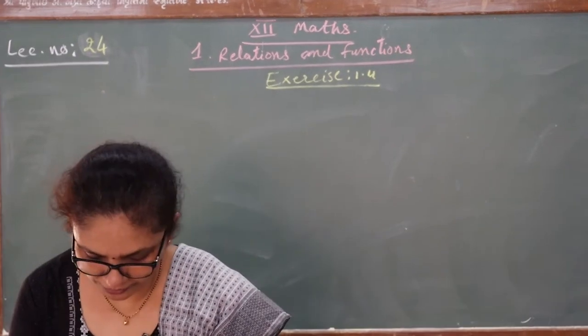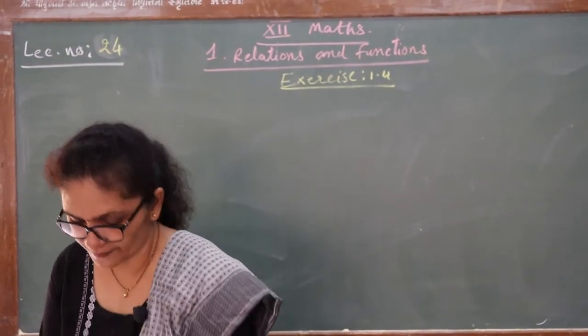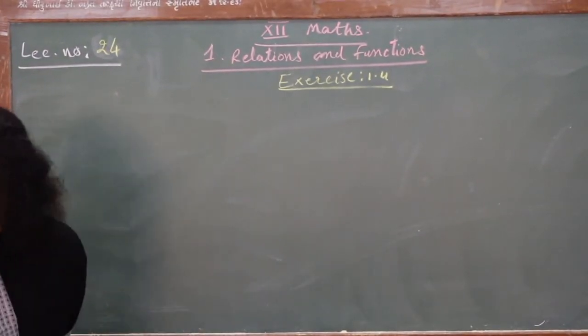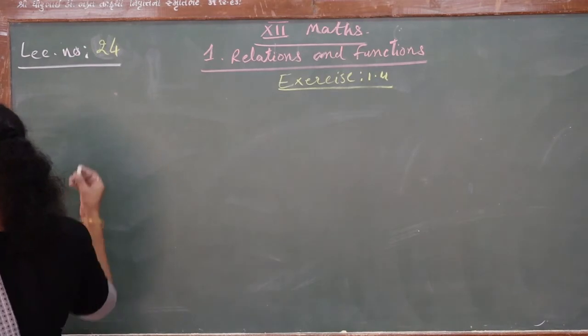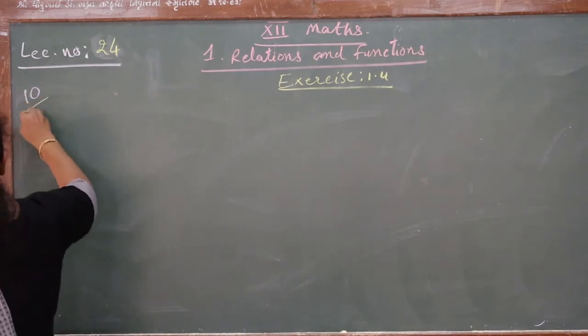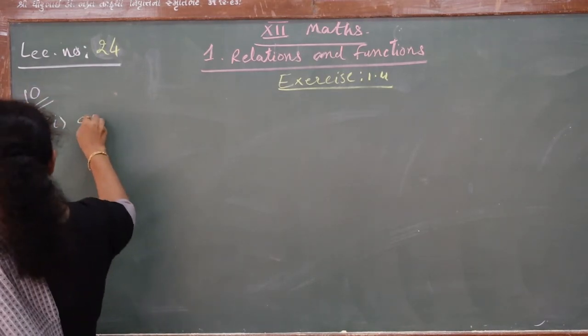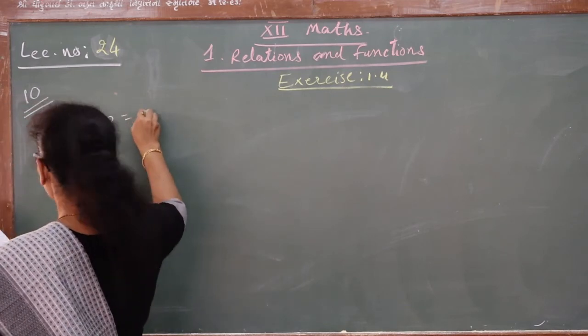Now let's come to the 10th question, and the 10th question is: find which of the operations given above has the identity element. Now we have to check all these operations again for identity element.